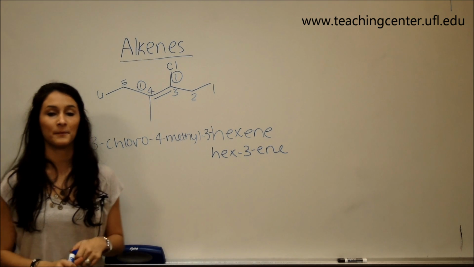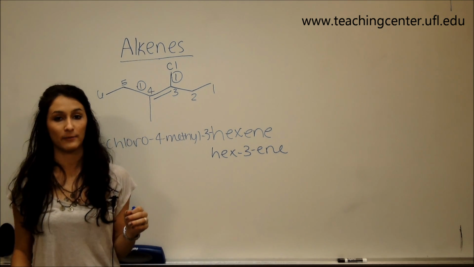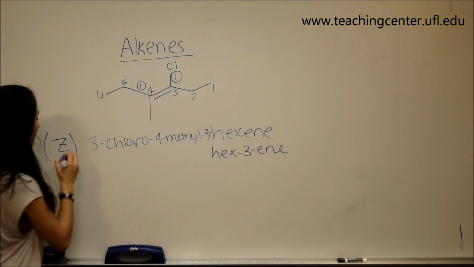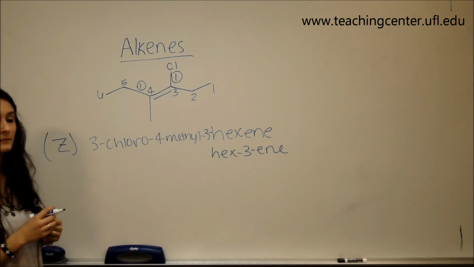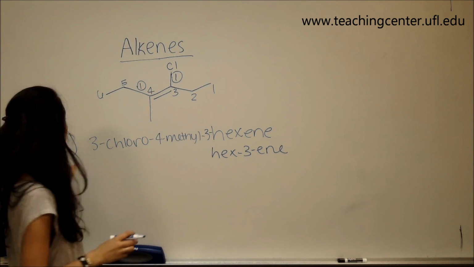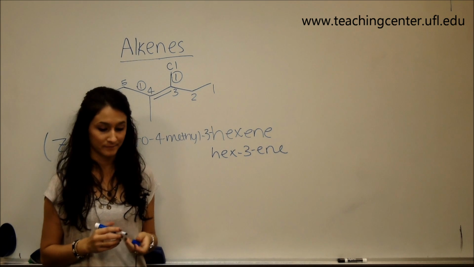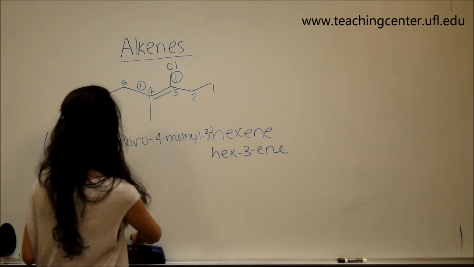Okay, so our number 1 priorities are on the same side of the double bond. So that means that this is a Z alkene. So the full nomenclature is going to be Z-3-chloro-4-methyl-3-hexene. All right, let's do another one.